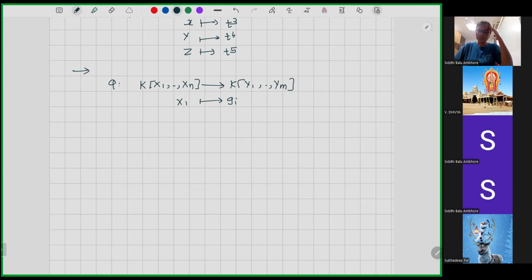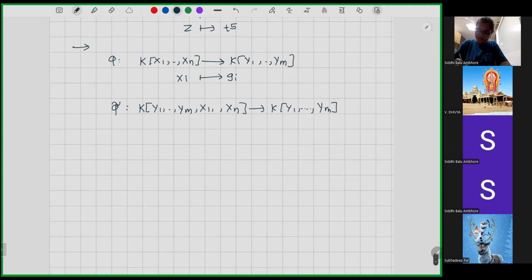Then we can define this phi tilde from K[y1 to ym, x1 to xn] to again the same ring K[y1 to ym] such that yi goes to yi, that's not a problem, and xi again goes to gi.